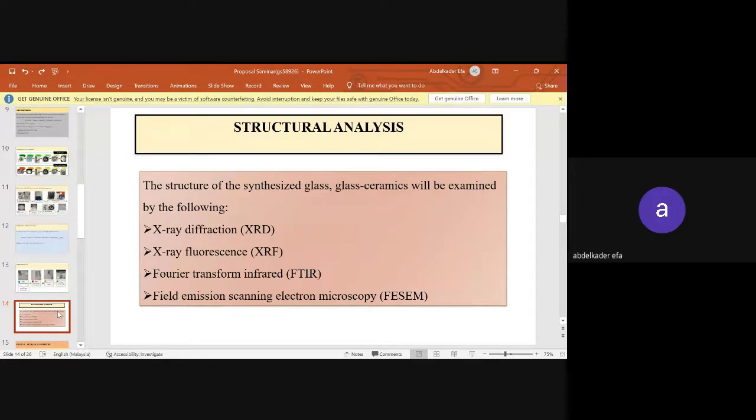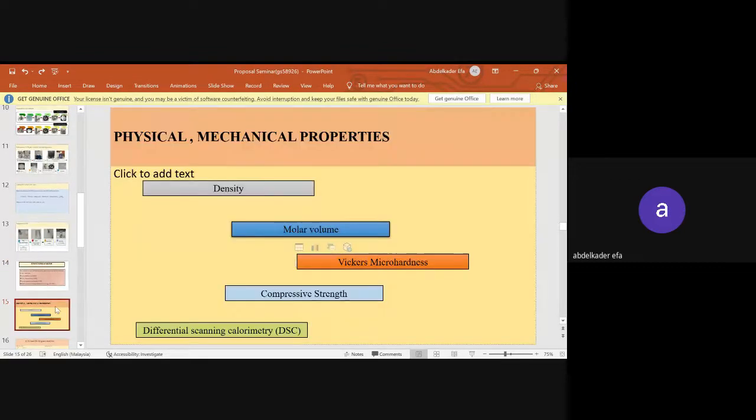FTIR to identify the presence of functional groups. For the other mechanical properties, we will use Vickers hardness to determine the degree of hardness and also compressive strength to measure the maximum strength.